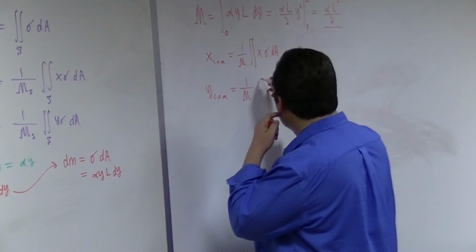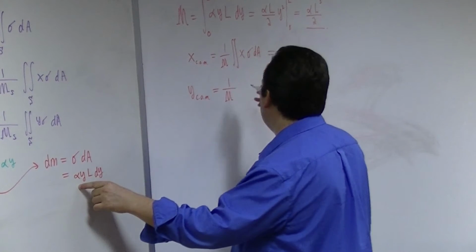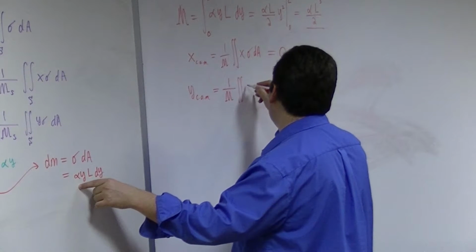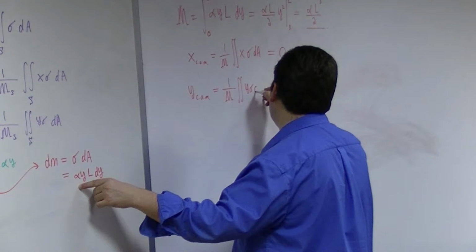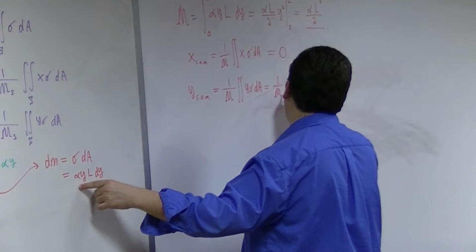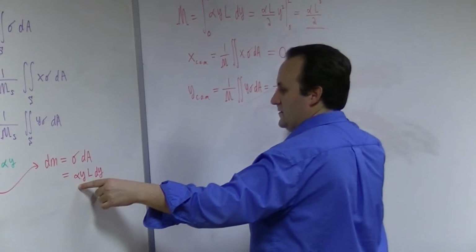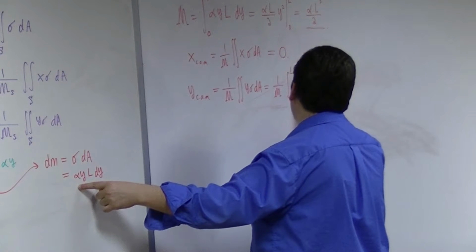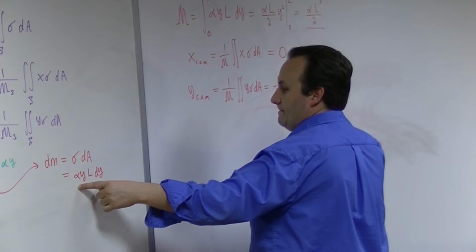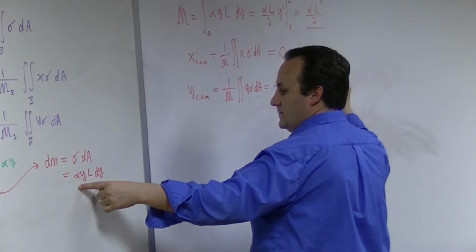So we figured out that dA was this, right? So the integral of, let's say, y sigma dA works out to 1 over m times, as we can see, it's actually the same as just integrating from 0 to L of alpha y squared L dy.